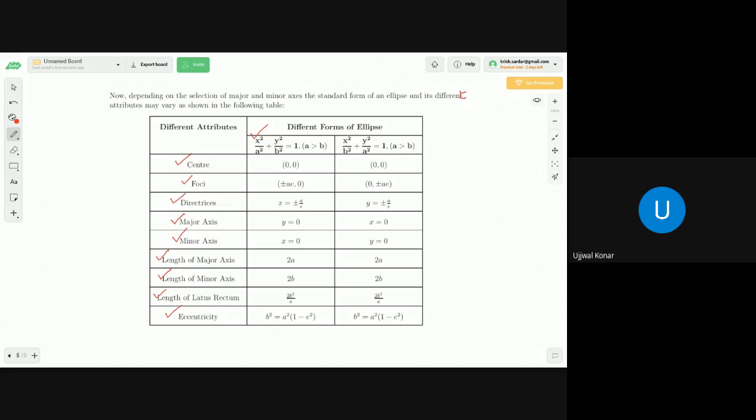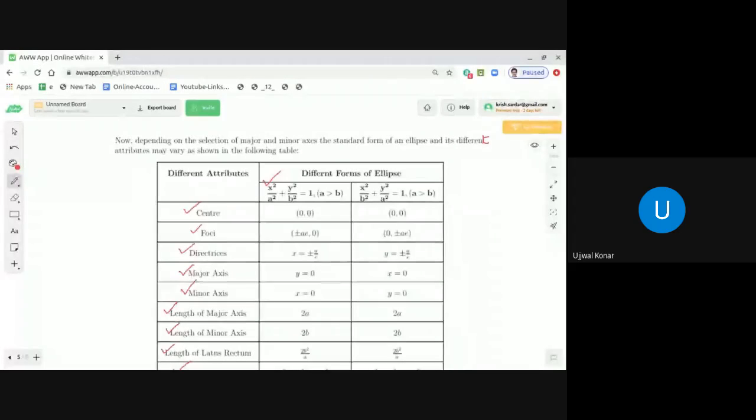Okay, dear students, with this note, I would like to conclude the class for today. In the next class, that is tomorrow, we will be discussing the equation of ellipse in origin shifted form, then parametric form, auxiliary circle, focal distance, alternative definition of ellipse.